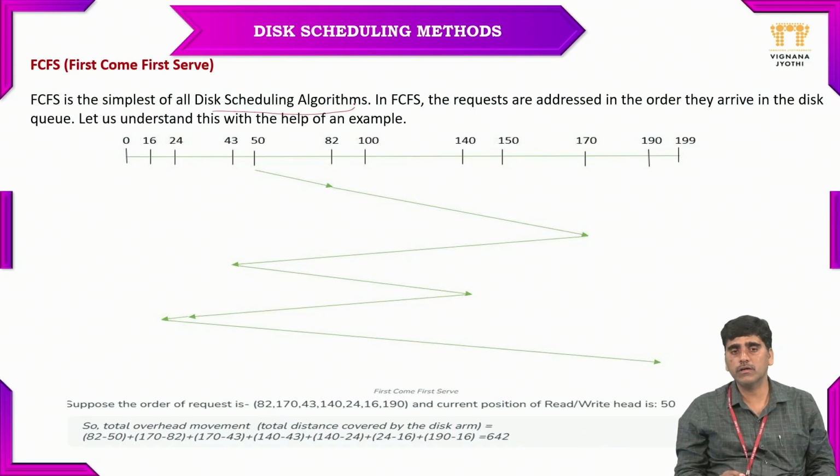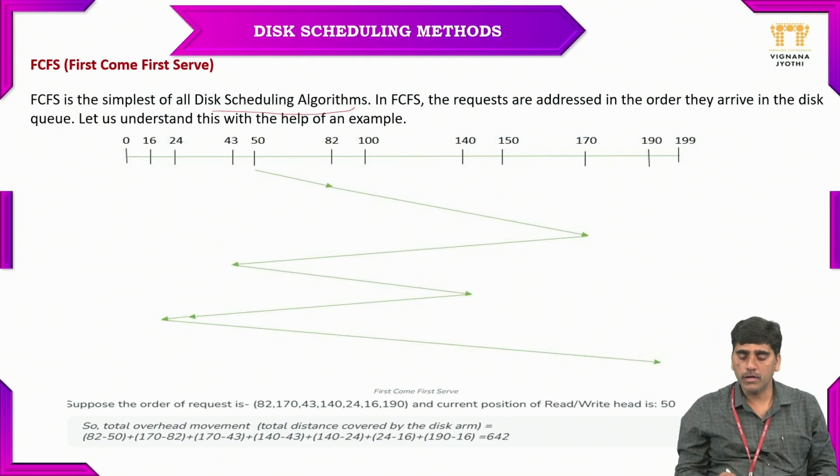In FCFS, the requests are addressed in the order they arrive in the disk queue. In the manner they arrive, in that manner they are addressed. So let us understand this with the help of an example.